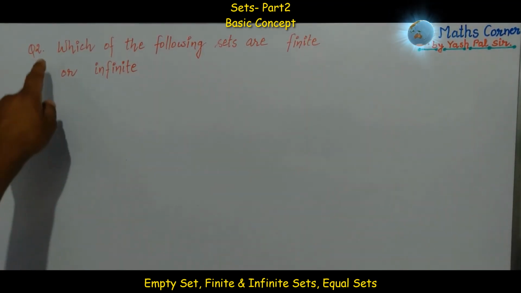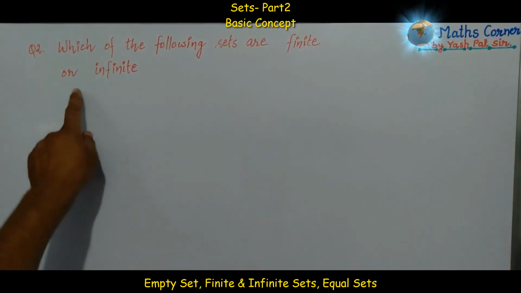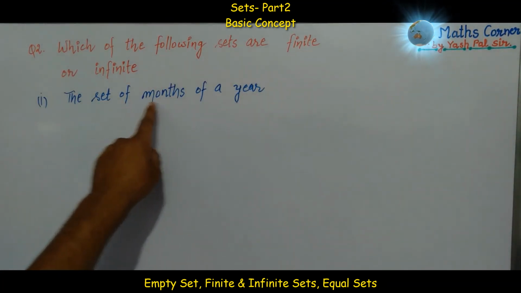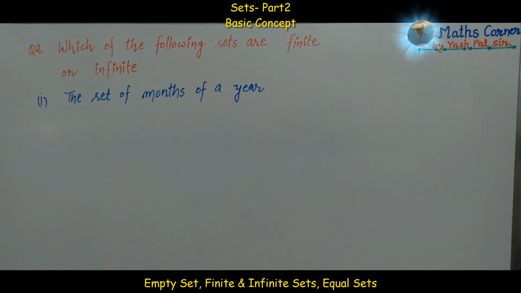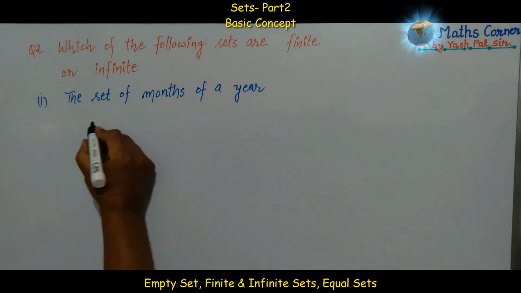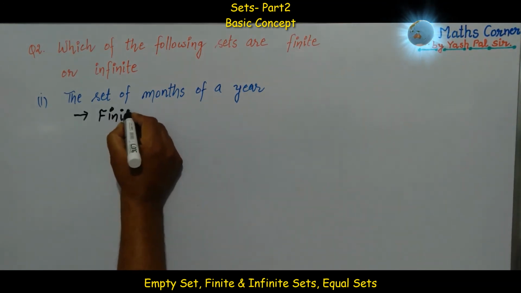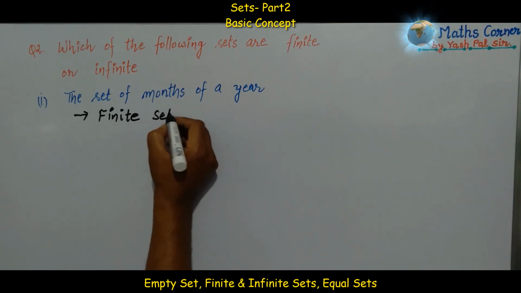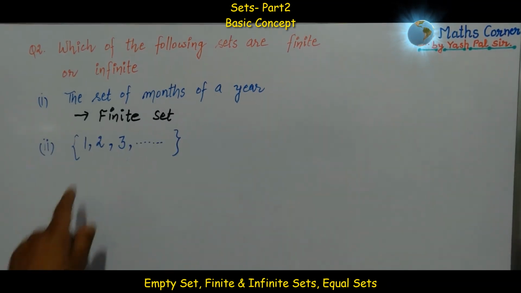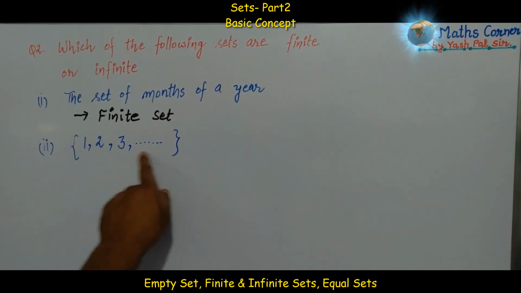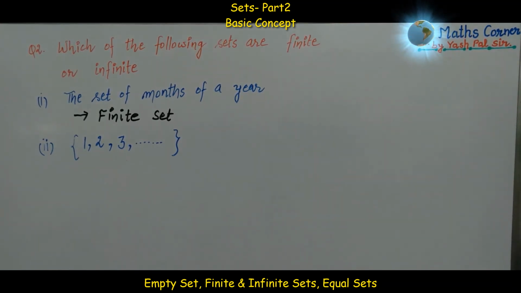Question number 2. Which of the following sets are finite or infinite? The very first part, the set of months of a year. What do we know about the months of a year? There are 12 months in a year, and we can count them. So the set is finite. Second part is the set 1, 2, 3 and so on. Of course, this is the collection of natural numbers, and natural numbers are not finite.